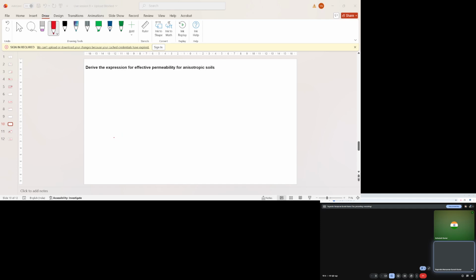Kz into dou H by dou Z, or otherwise we have changed just the X direction.